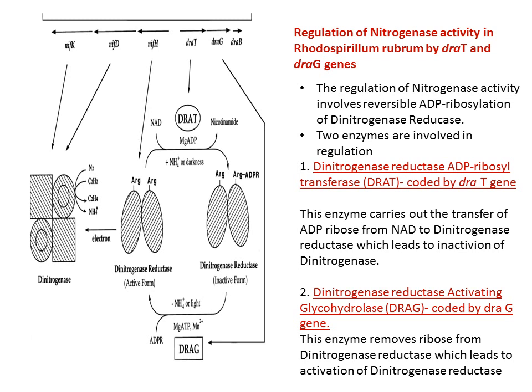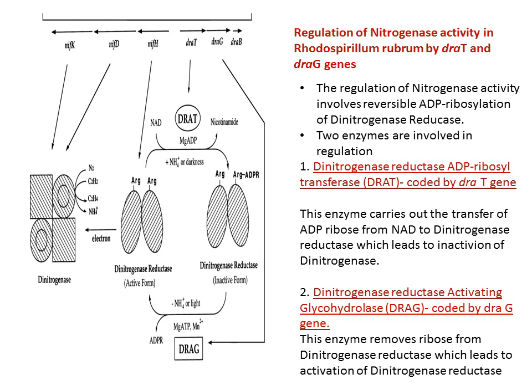The ADP ribose gets attached onto the dinitrogenase reductase enzyme, which leads to the inactivation of dinitrogenase. That is the role of the DRAT gene.